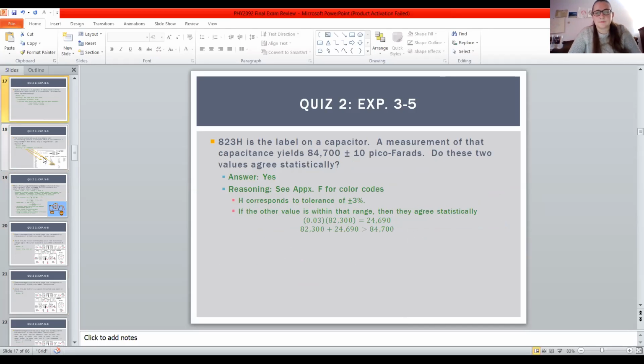This one. Okay. Right, this third digit, what she's referring to, is the multiplier. And if you look in Appendix F, it tells you all about that. So let me grab my calculator and fix this before I forget.